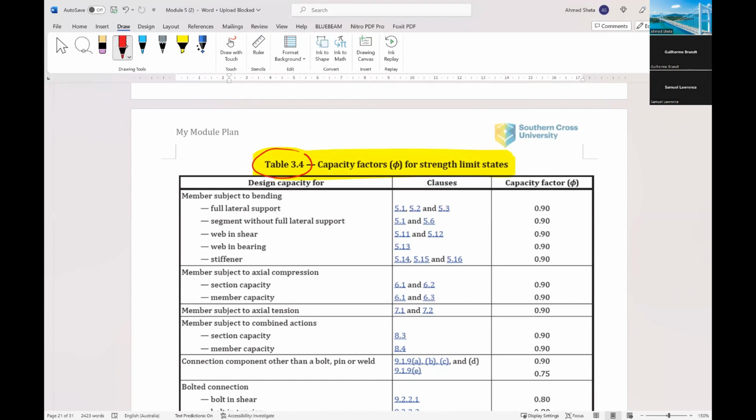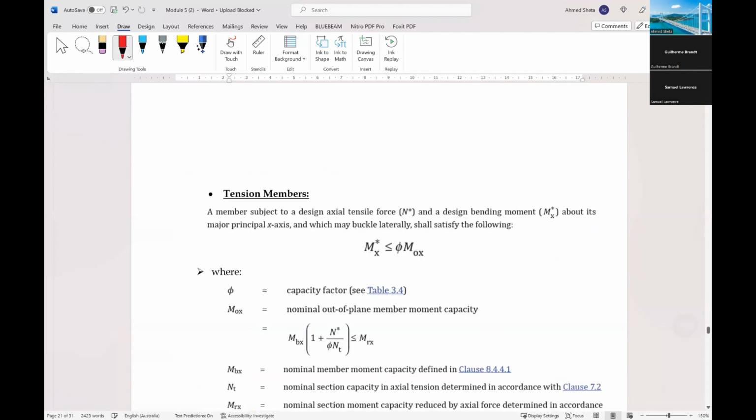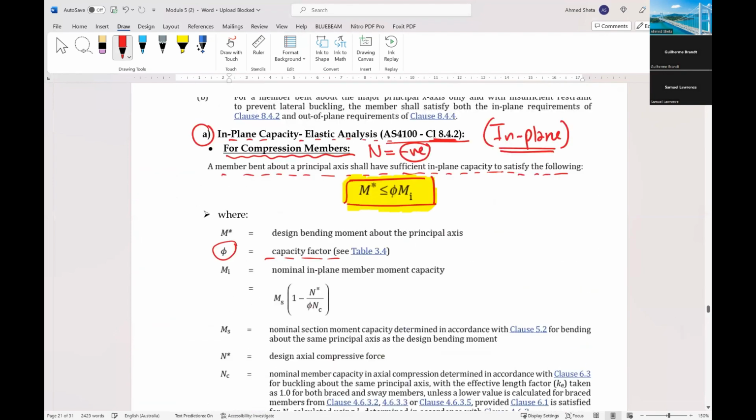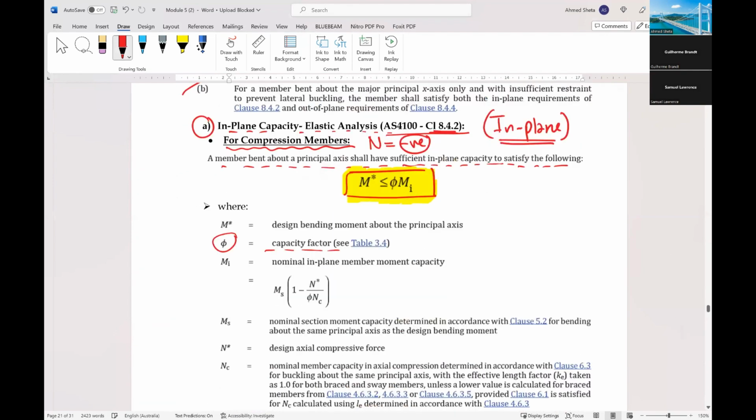For members subjected to bending, it is 0.9. For members subjected to compression, also 0.9. For tension, 0.9. For combined action, section capacity or member capacity, 0.9. So for our case, phi is equal to 0.9.